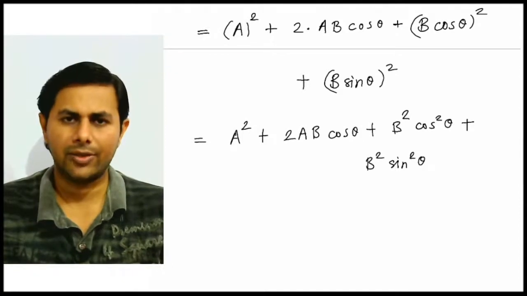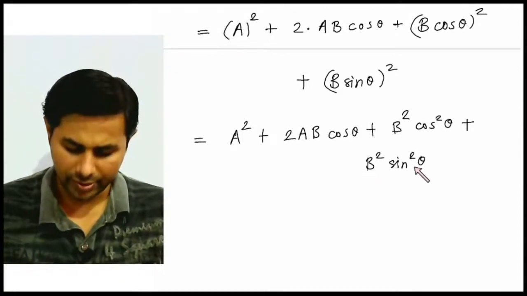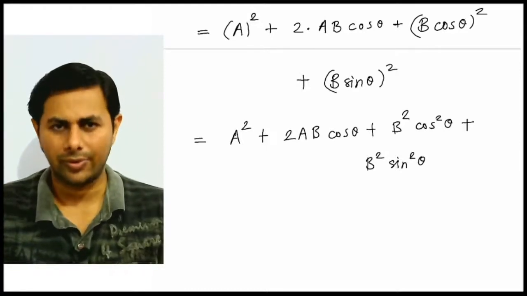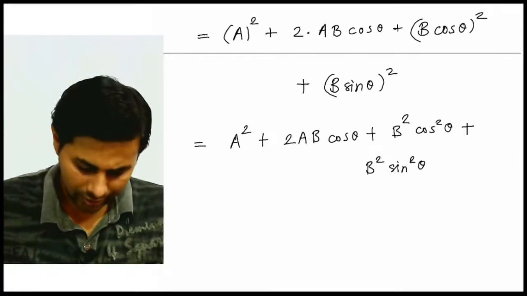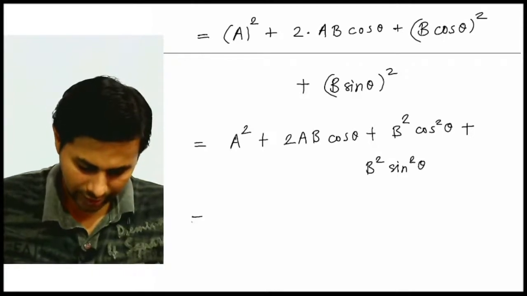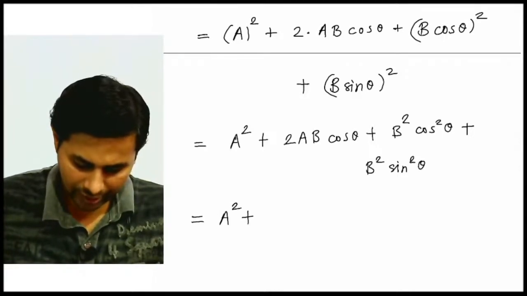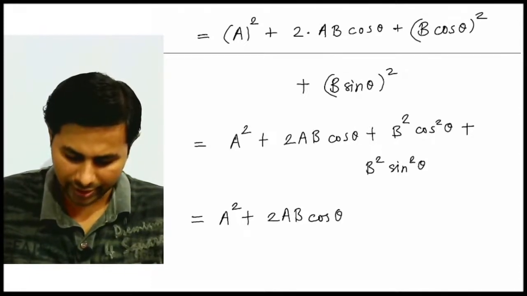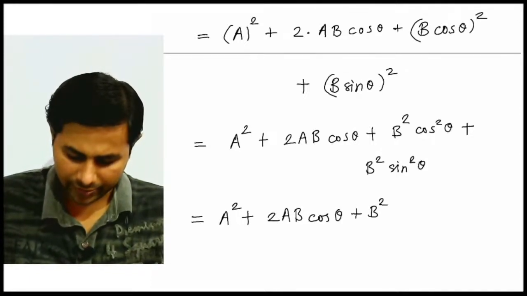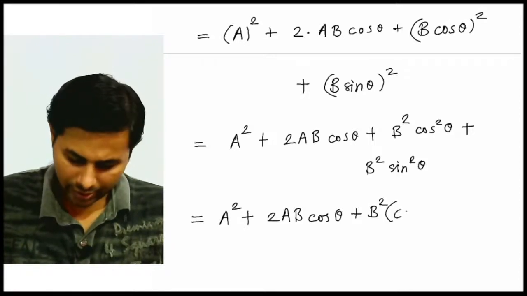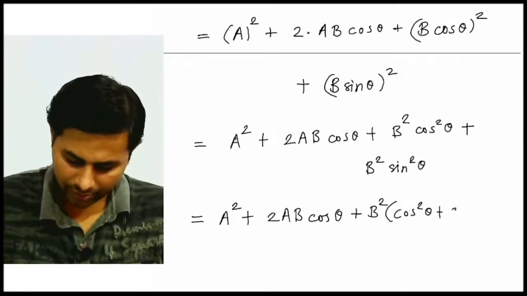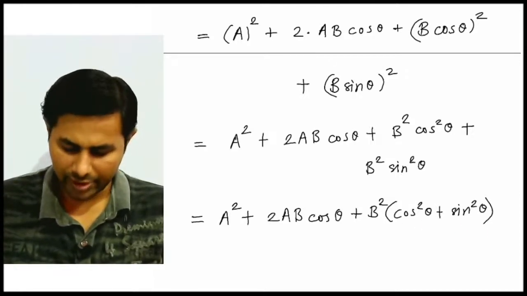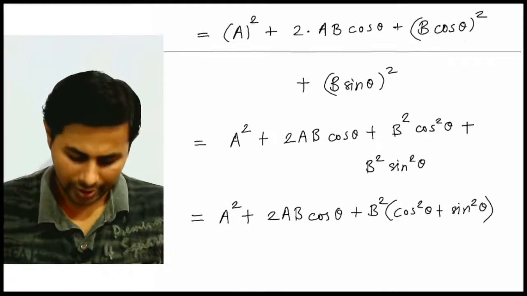Then we can take B square common from these two terms, so we are left with cos square theta plus sine square theta, and that's equal to 1. So we have A squared plus 2 times A multiplied by B multiplied by cosine theta plus B squared times cos square theta plus sine square theta, and cos square theta plus sine square theta is 1.